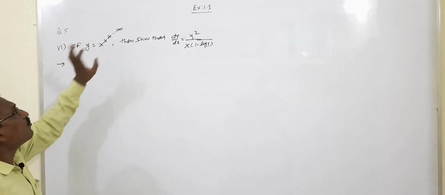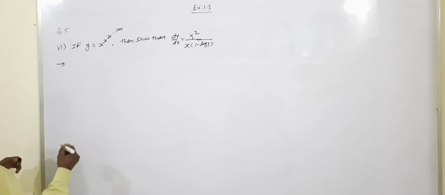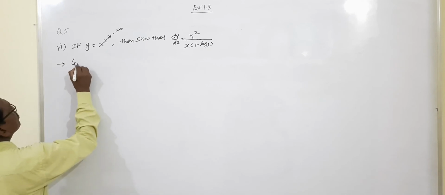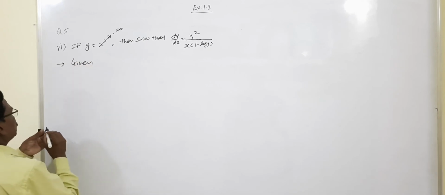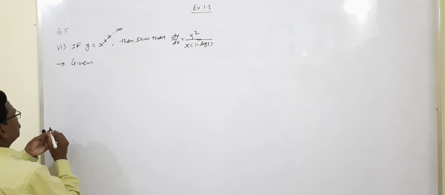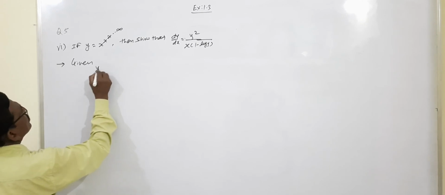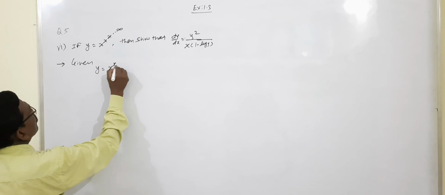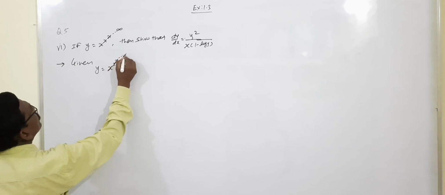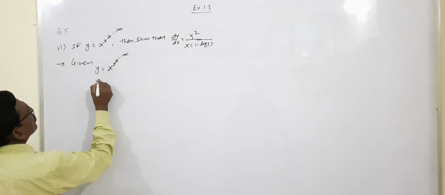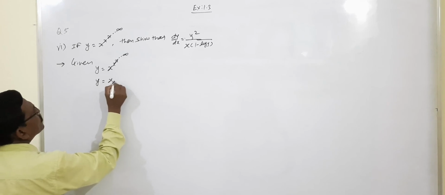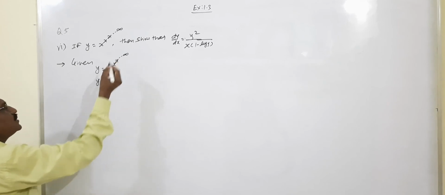That's why we write here y. So given y equal to x to the power and so on to infinity, y equal to x to the power y.